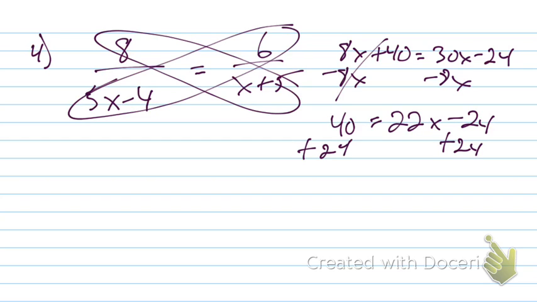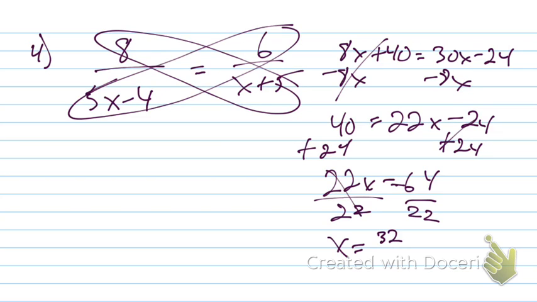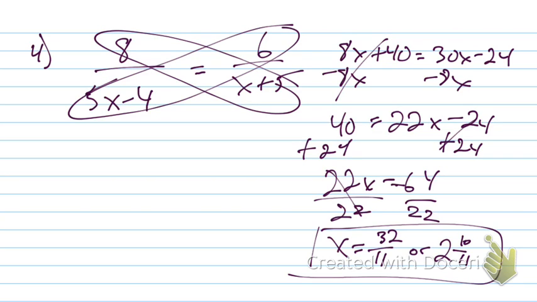I'm going to cruise through this because we should be pretty good at this point at solving for a variable. So I get 32/11ths or 2 and 10/11ths. There it is, guys. We did it.